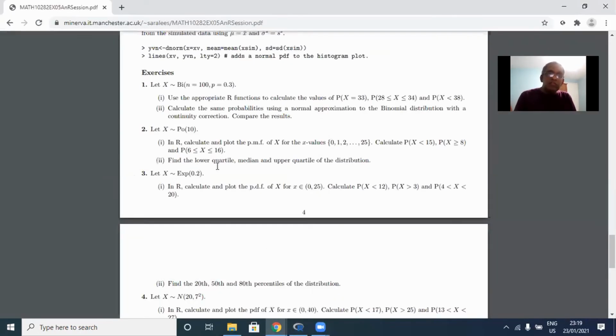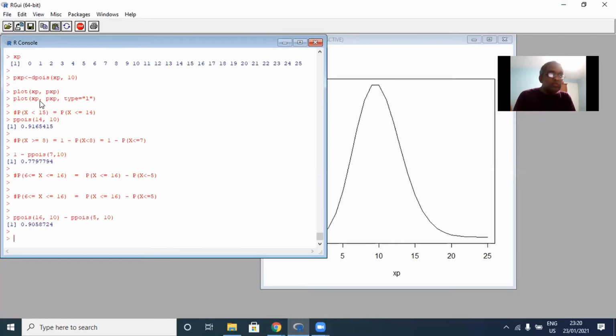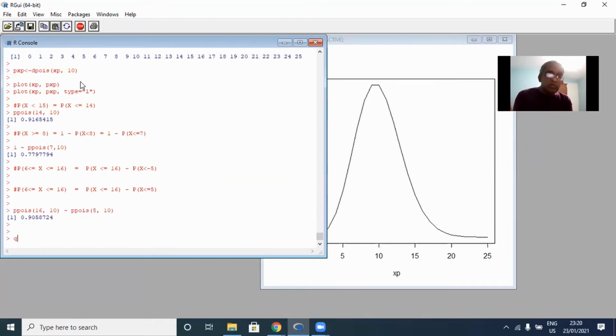The second part is to find the lower, median, and upper quartiles of the distribution. That's not difficult. So let's go back. You have a Poisson distribution with parameter lambda. To find the lower quartile, you just say Q Poisson with probability 0.25.